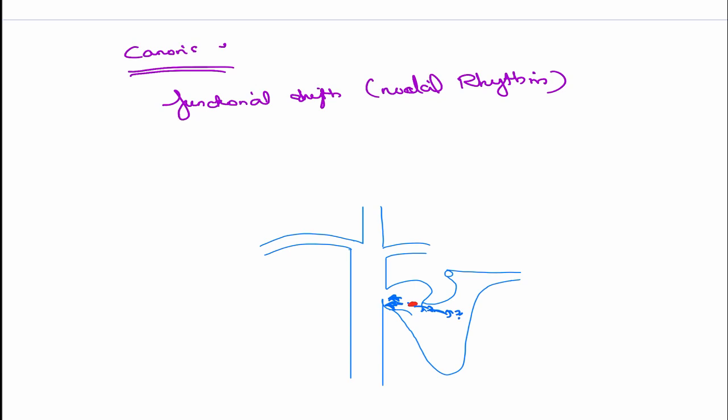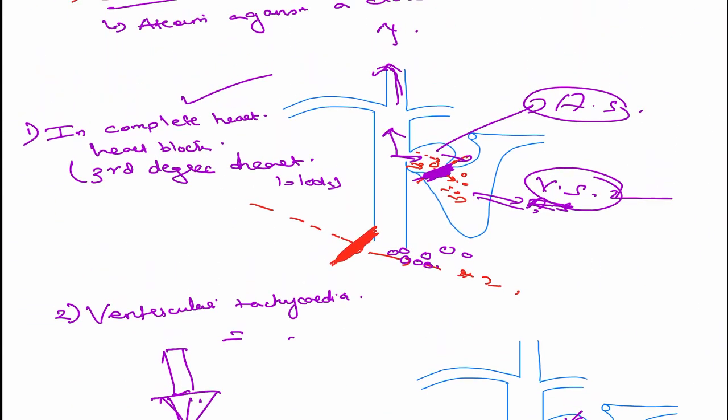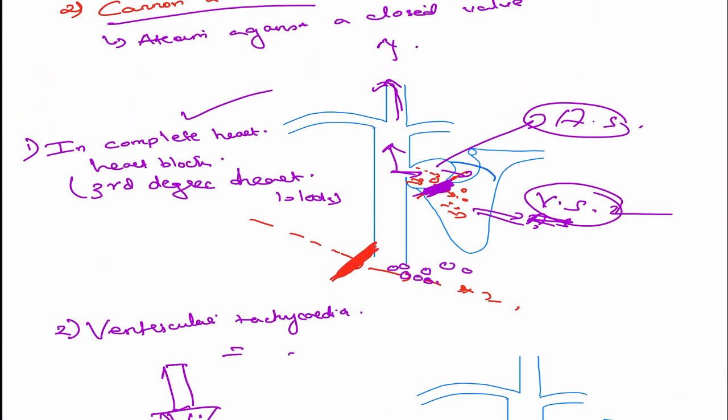In the previous examples, I told you that only at one particular time, not frequently, both atria and ventricle contract together.